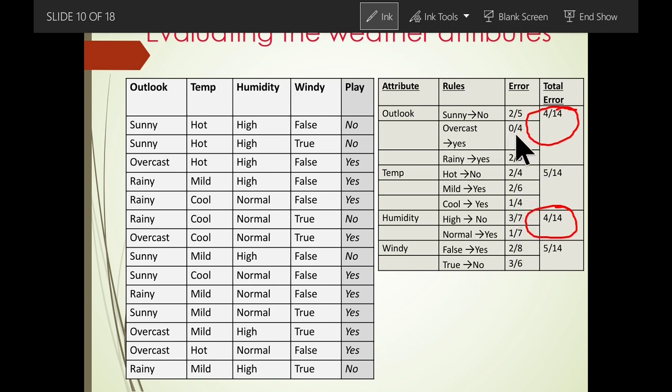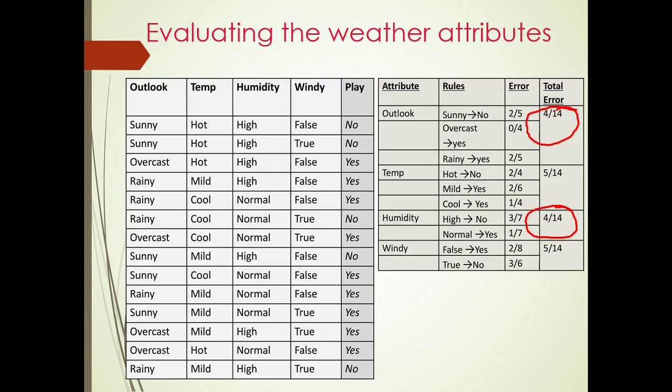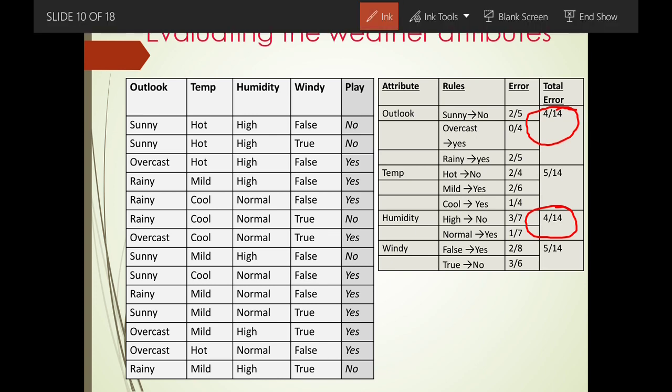Since Overcast has 0 error, 0 of 4, Outlook is taken as the root node.